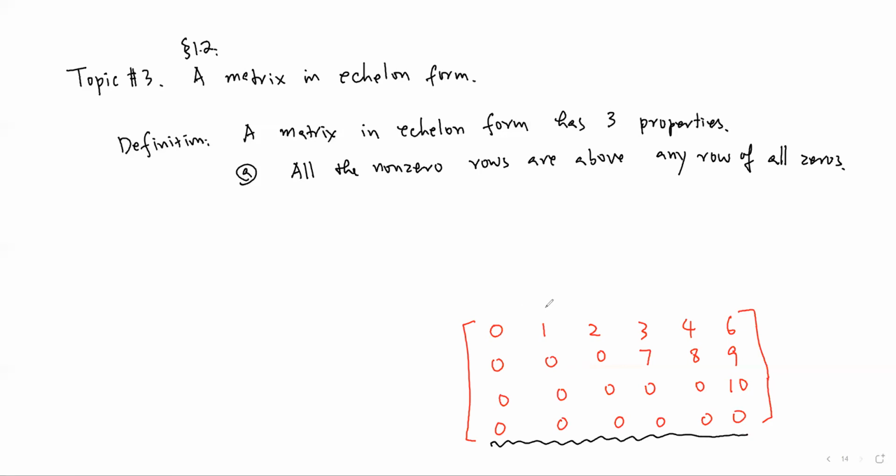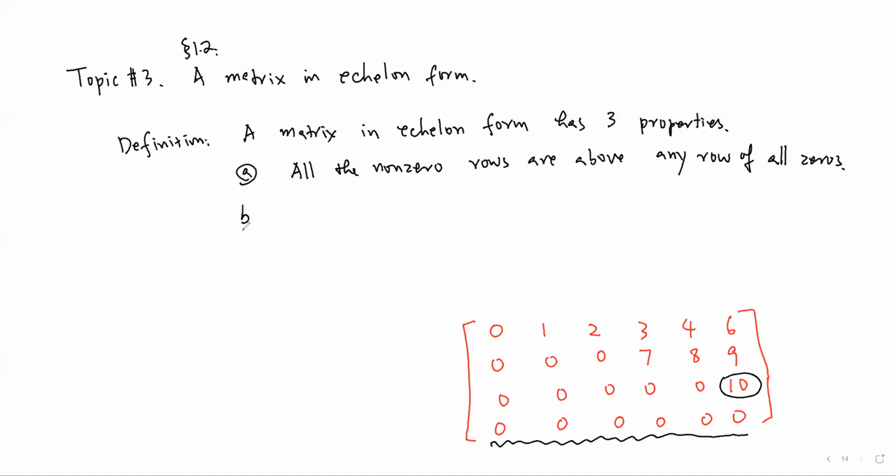Whenever a row has a non-zero entry, that row is called a non-zero row. So the first row, non-zero. Second row, non-zero. The third row, non-zero, because the last entry is 10, not 0. So this matrix actually is in echelon form.